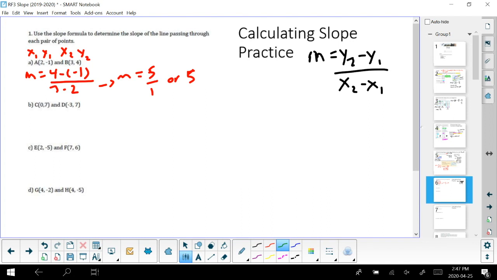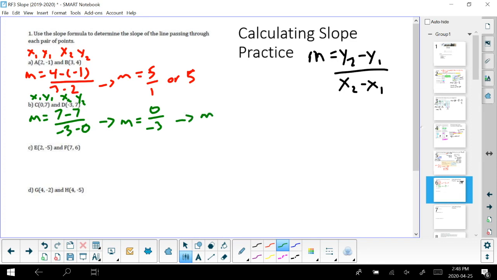Question number 2, let's label these x1, y1, and x2, y2. This gives me m is equal to 7 minus 7 over negative 3 minus 0. That'll give me a 0 on top. So m is equal to 0 over negative 3.